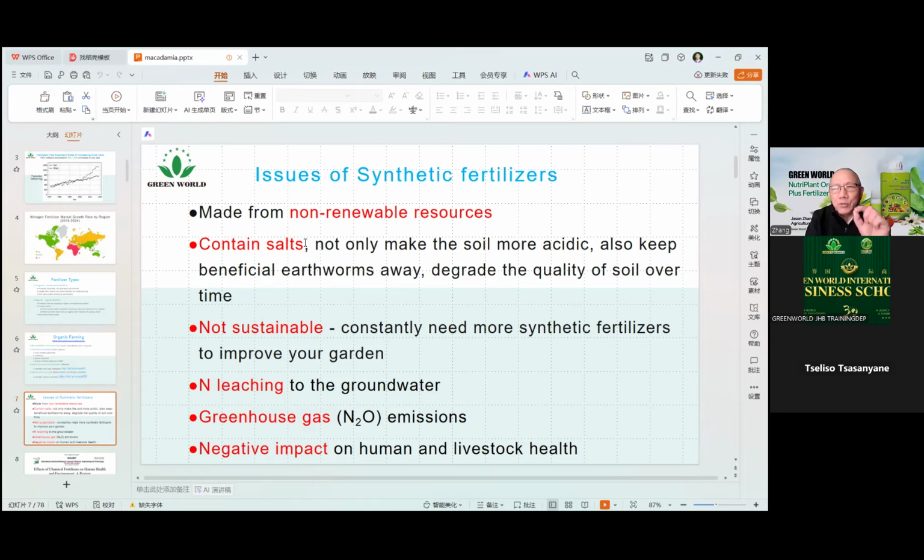We have to use what is called scientific farming. We use organic fertilizer and conventional fertilizer and all the agricultural practices, to combine and integrate them, to make the best combination for your soil fertility.